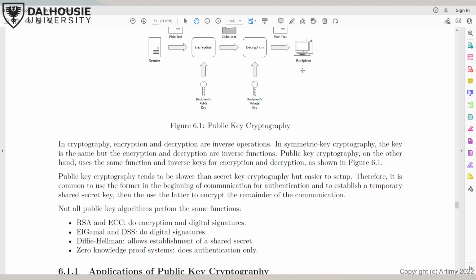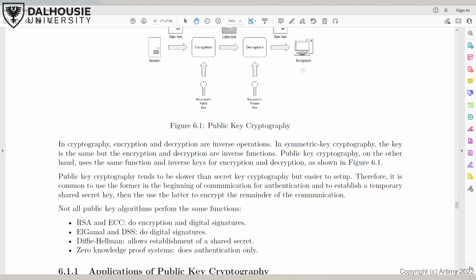One technique is to use it to exchange keys at the beginning of the communication protocol that we want to be secure, and then after that we use traditional secret key cryptography.